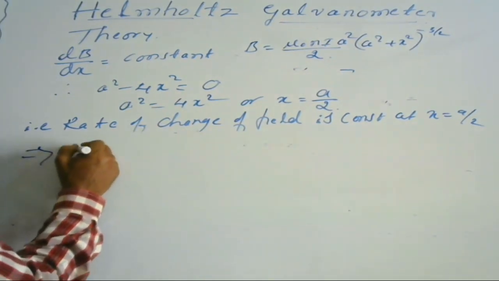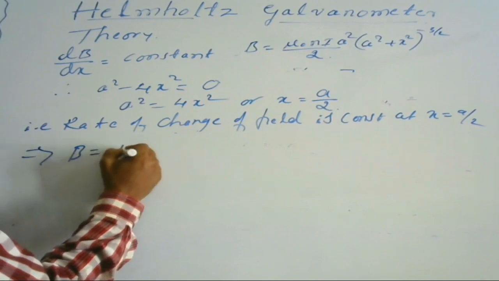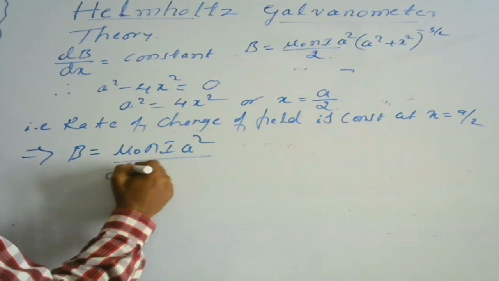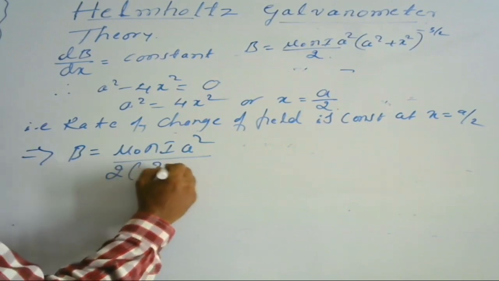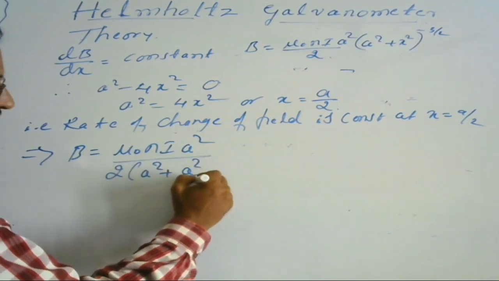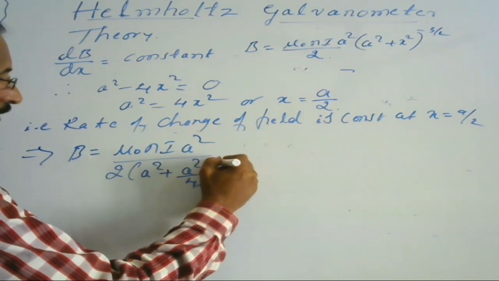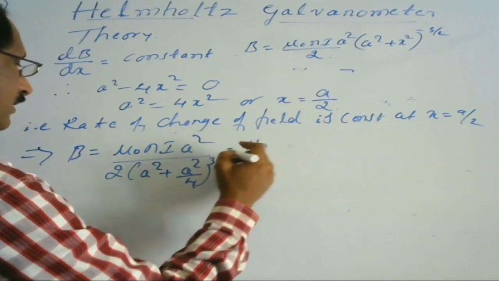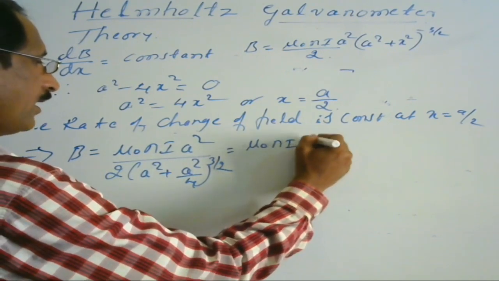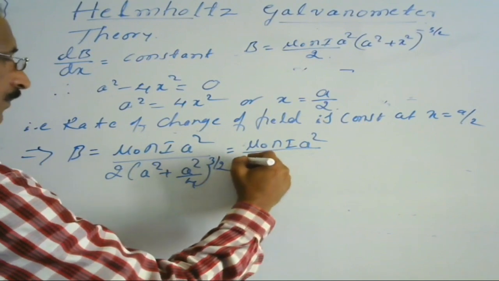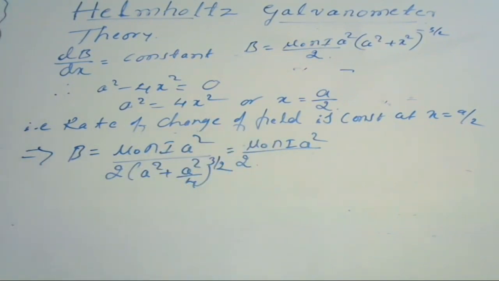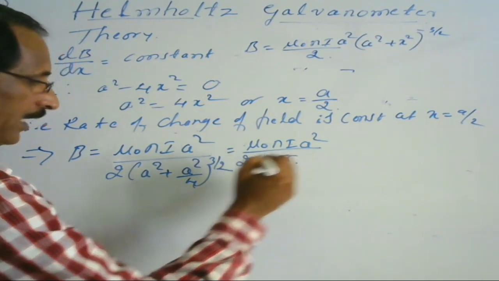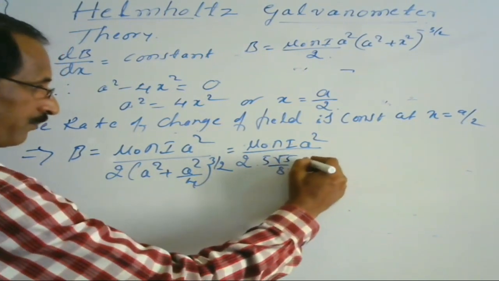This implies B is equal to mu naught N I A square divided by 2 into (A square plus A square by 4) raised to 3 by 2. On further simplification, we can write this as mu naught N I A square divided by 2 into 5 root 5 divided by 8 into A cube.